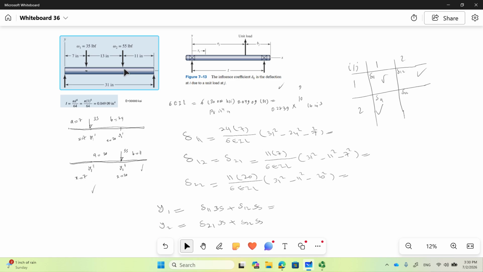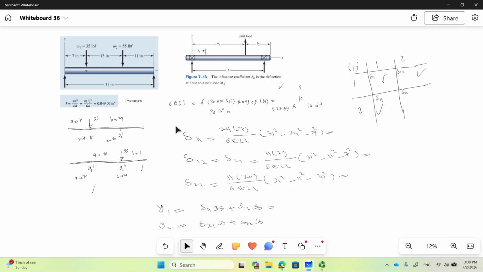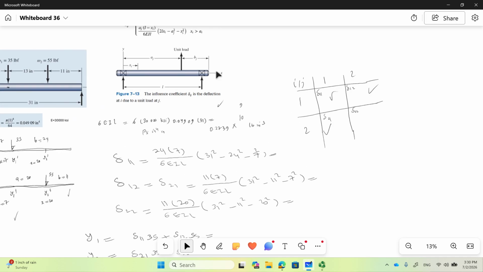Again, delta 2,2 is the deformation at point 2 as a result of a unit load at the second point. So delta 2,2 is for a unit load. You have to multiply by 55 and add them to each other. If you do that, then you're going to get the same thing as you see here, these guys, right? You're going to have the deformation that I found using superposition and using ANSYS.